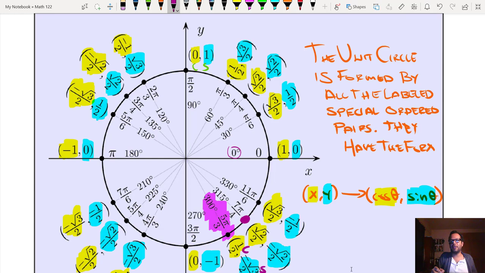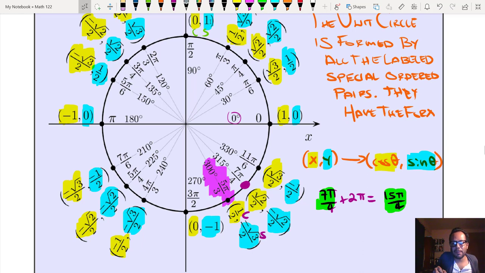What am I going to get? 7 pi over 4 plus 2 pi equals, 8 plus 7, 15 pi over 4. But 15 pi over 4 is the same as 7 pi over 4, because it's exactly the same position.